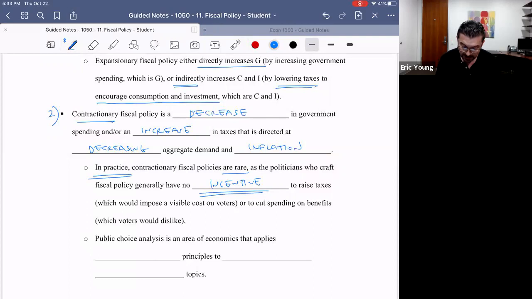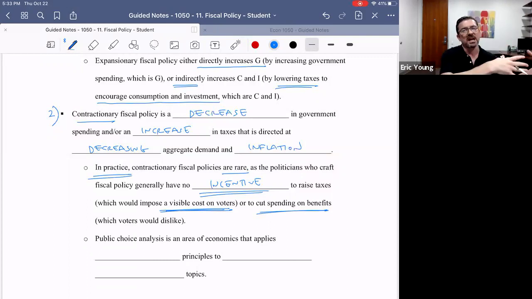Because if you think about it, a tax would impose a visible cost on voters. So there is no way that politicians, if they want to get reelected, are going to over and over again raise taxes because voters see that as a visible cost. They also would never want to cut benefits because voters would dislike that as well.